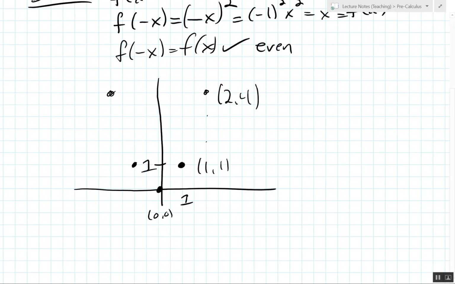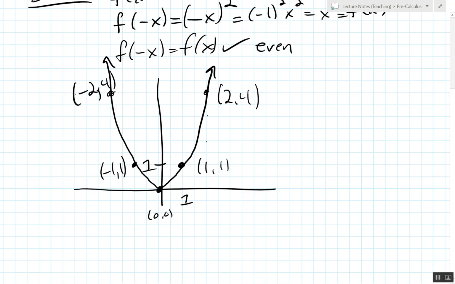These points on the other side just have their x coordinates changed in sign. So this is negative 1, 1, and this is negative 2, 4. And that's symmetry about the origin. Or not about the origin, but about the y-axis. And so notice that even functions have the property that I claim.